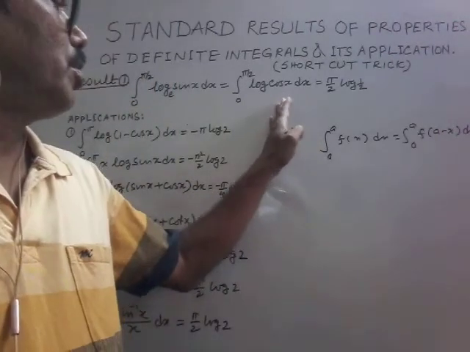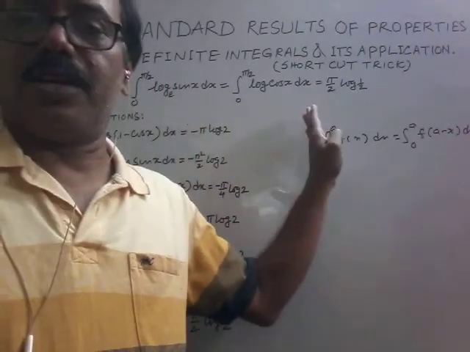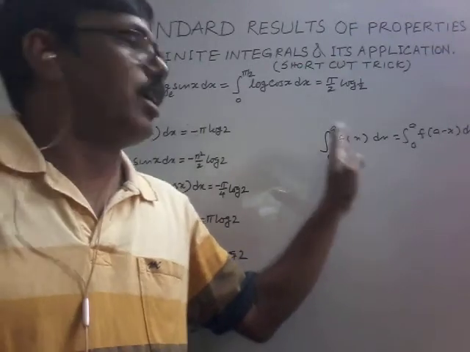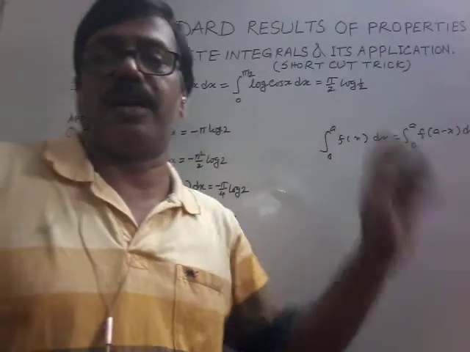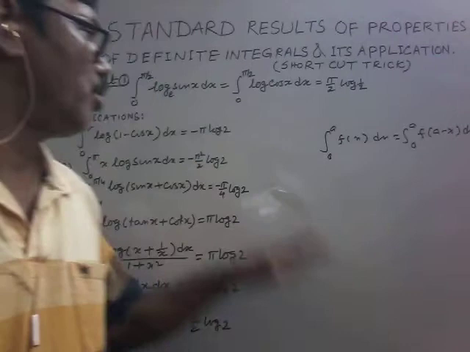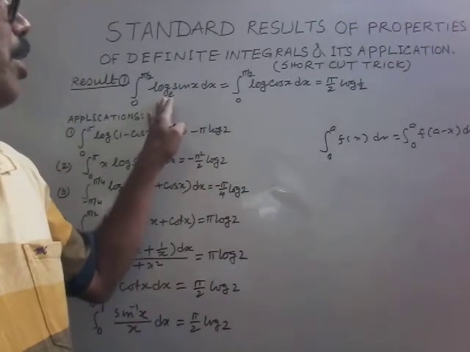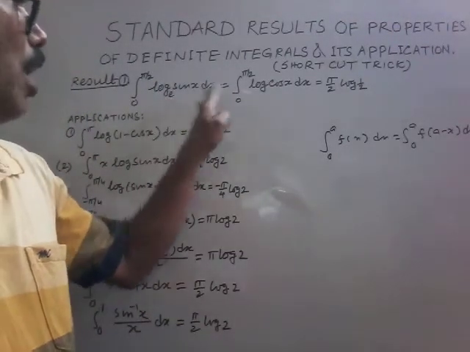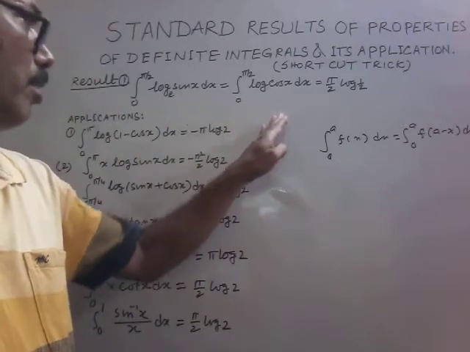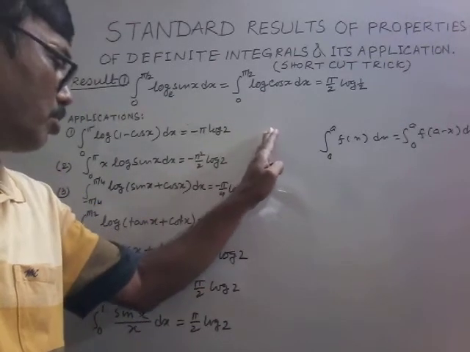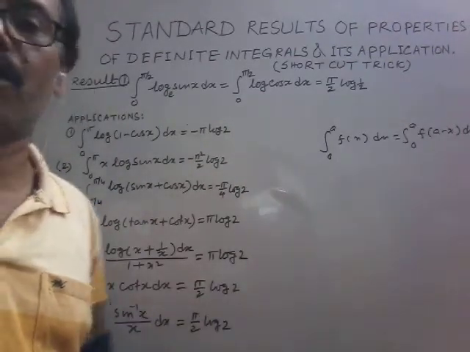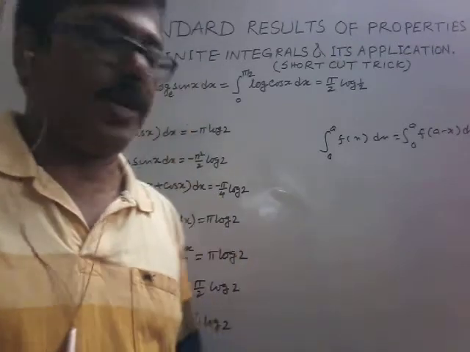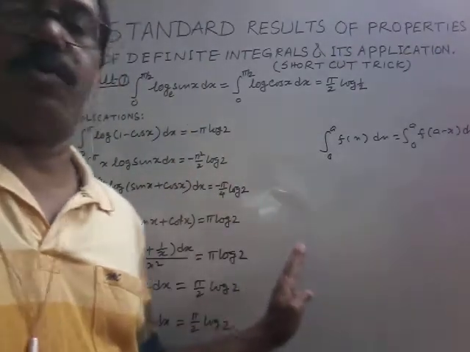So you must prove this result. You get this result in every standard book. So my aim will be how we can apply this result to some important problems of competitive exams in very few seconds.